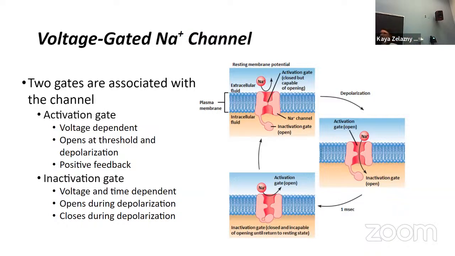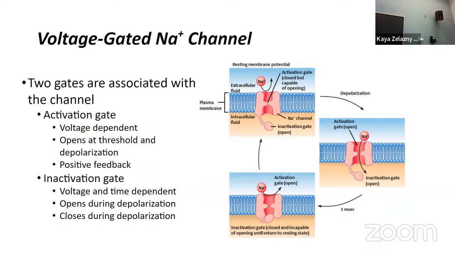We usually see negative feedback loops in physiology, but this is a positive feedback loop because if you think about it, as we open a voltage gated sodium channel, sodium comes in, right? When one sodium comes in, we depolarize a little more, so we go up a little more, which means that our neighboring voltage gated sodium channel can now respond to that charge and it's going to open up.